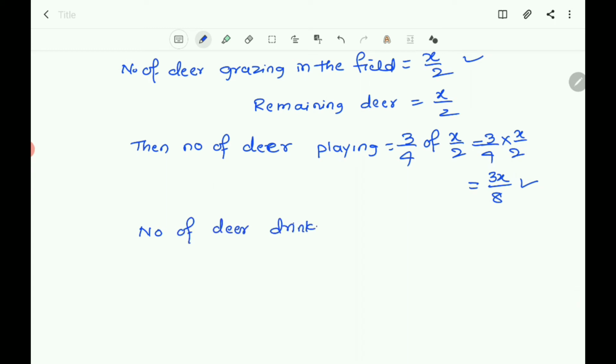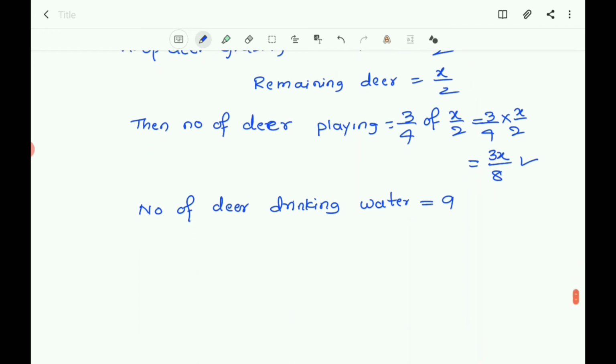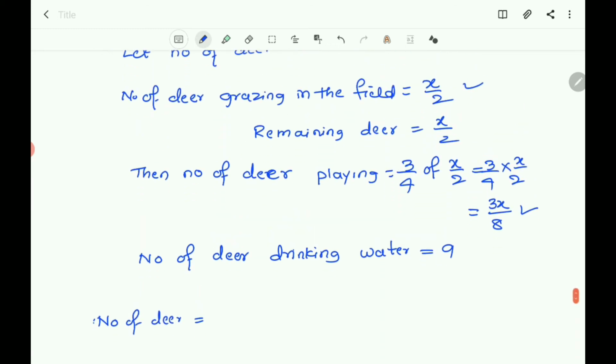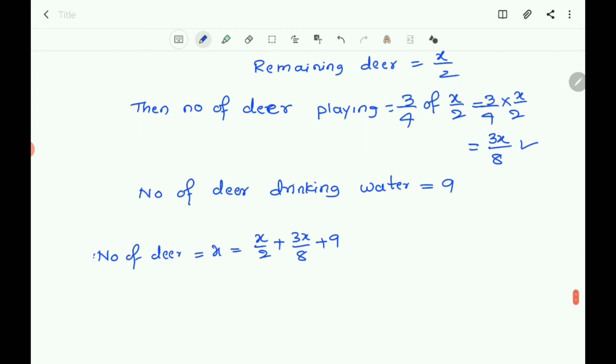By adding all these, x by 2, 3x by 8 and 9, we will get x. Therefore the number of deer, x, equals x by 2 grazing, plus 3x by 8 playing, plus 9 remaining, drinking water.